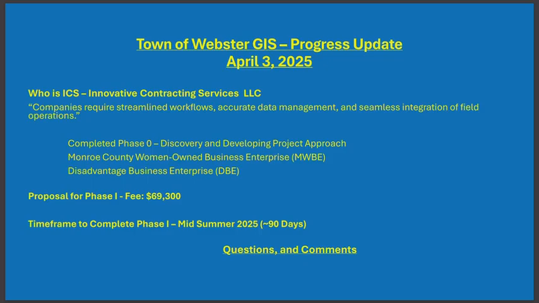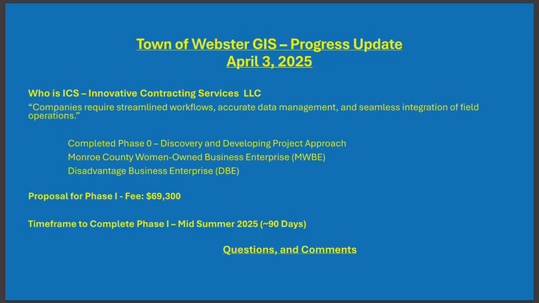So a little bit about ICS. Like I said, we've been working with them as part of the discovery phase. This is a quote taken straight out of some of their literature, and I think it really does summarize what we are trying to accomplish in generic terms, and then specifically for our GIS.